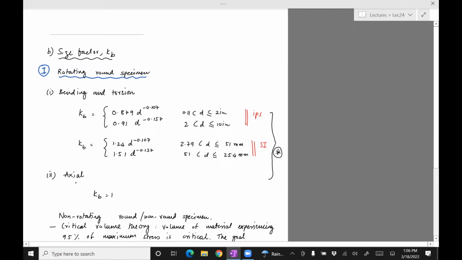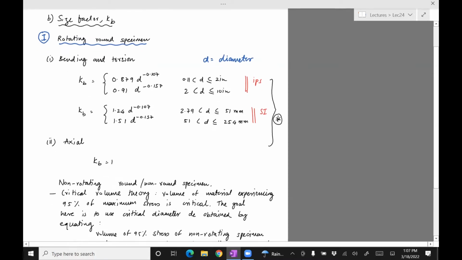For bending and torsion, Kb is a factor, and you have to use those expressions. This depends on the diameter of the specimen, which is D. If it's axial loading, then the size factor doesn't matter. That's why Kb is 1.